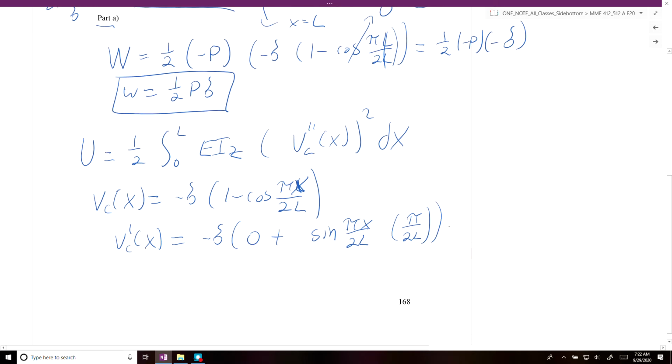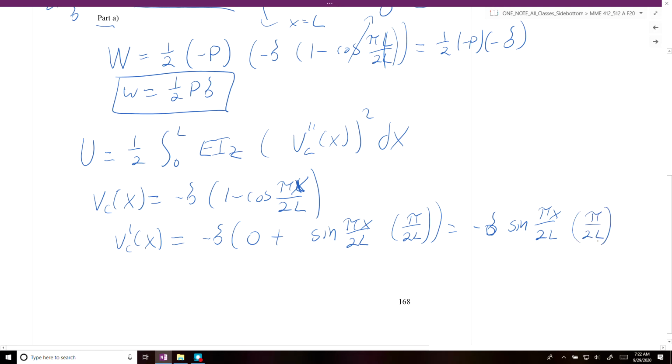So if we rearrange this, we get minus delta times negative sine of pi x over 2L times pi over 2L.